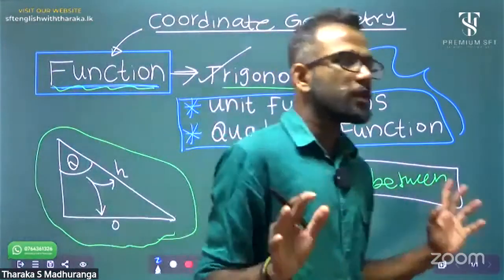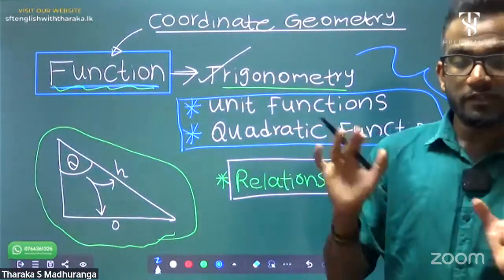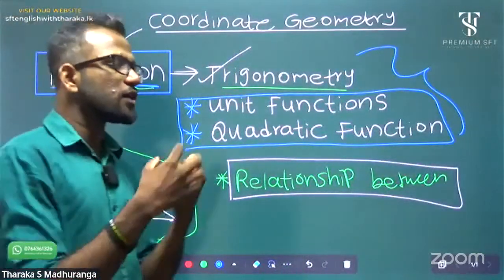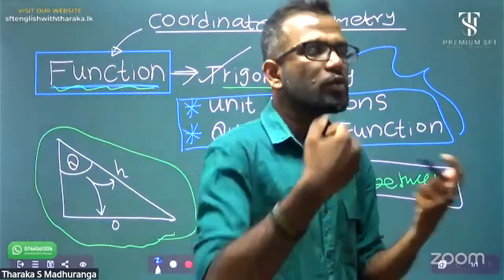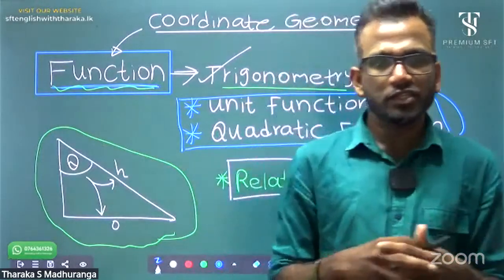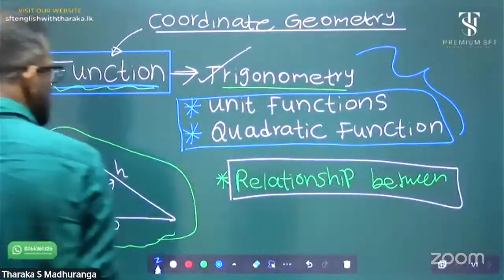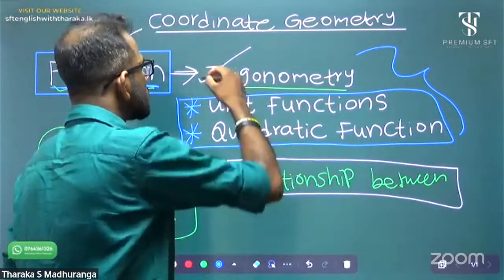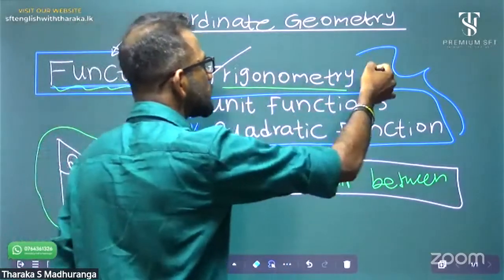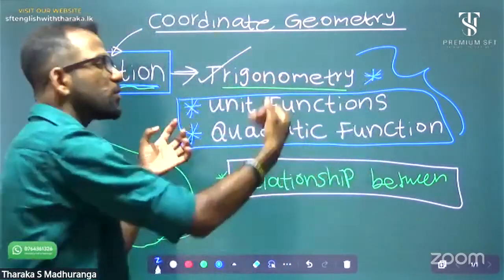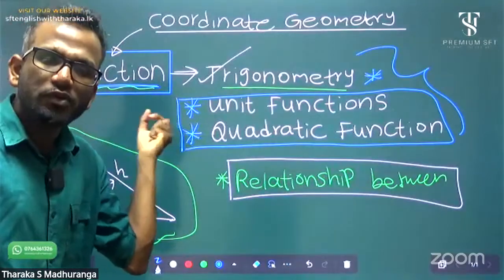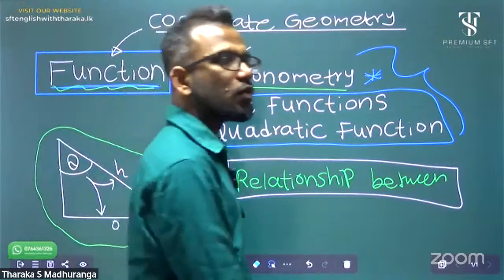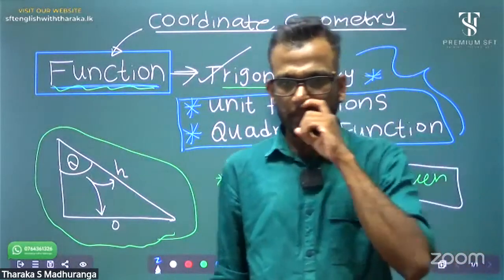Coordinate geometry is a subject area that discusses functions. Functions mean a relationship between two or more factors. They are the examples for functions. Trigonometric functions we already discussed; here we mainly discuss unit functions and quadratic functions. Understood?